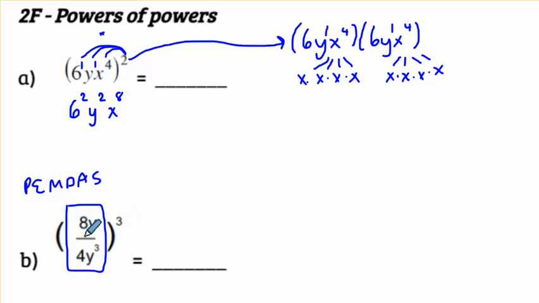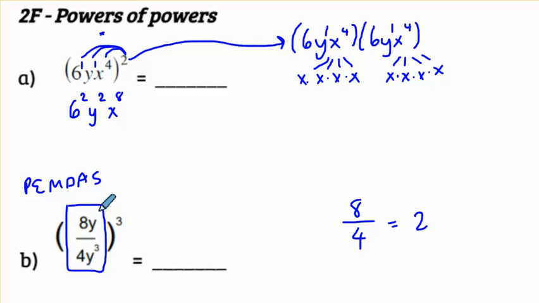Okay? So let's just do this problem. We have 8 on the top divided by 4 on the bottom. These are just regular old numbers. They do not have exponents. It's just an 8 and a 4 with a bar in the middle that means to divide. 8 divided by 4 is 2.